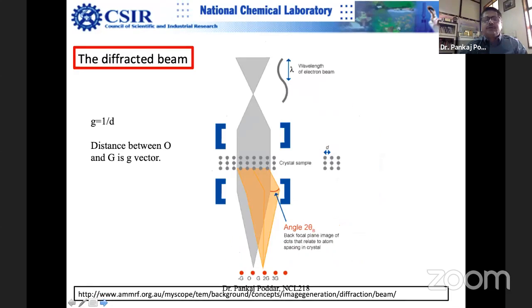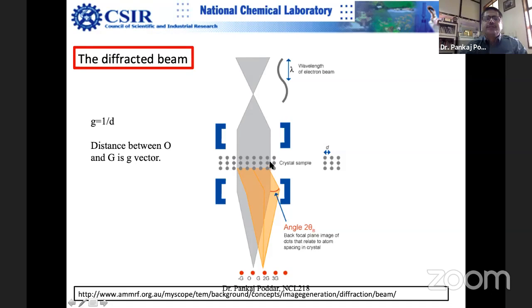Why do we need a better system to look at those diffracted electrons? So now, the diffracted beam, you can see that this is 0, or O, you can call it O. These are basically undiffracted beams. So, right, this is your sample.